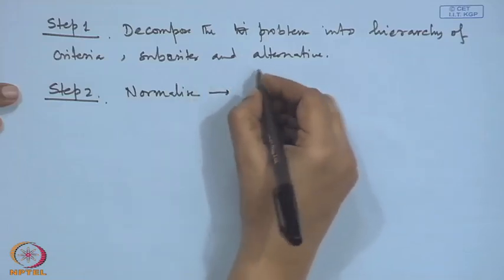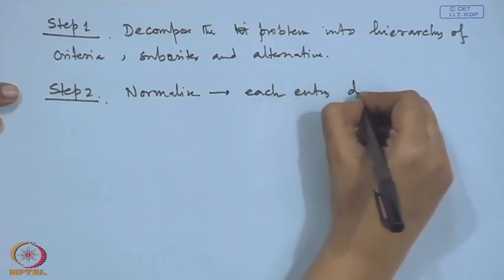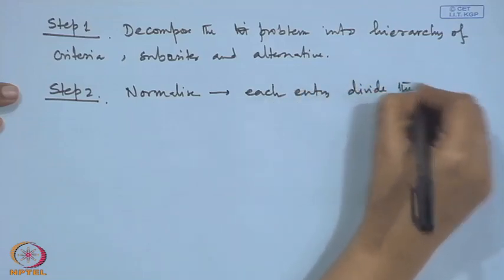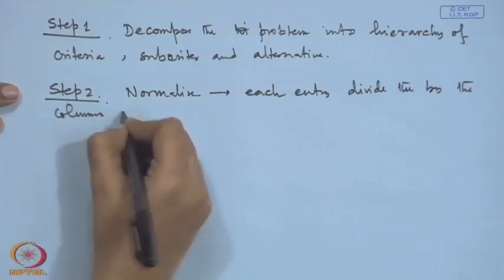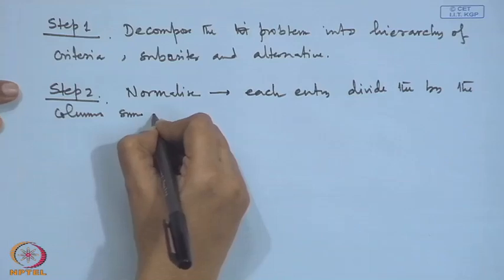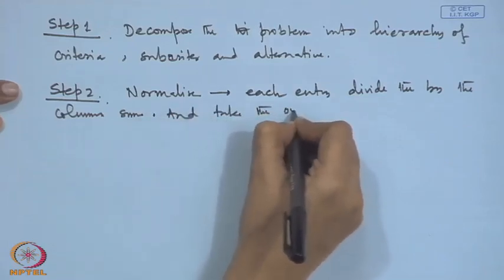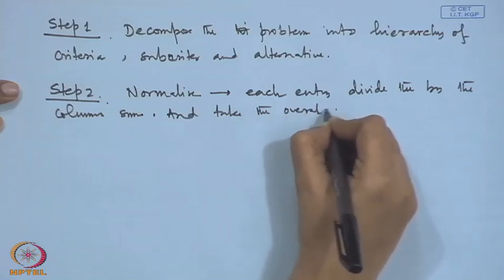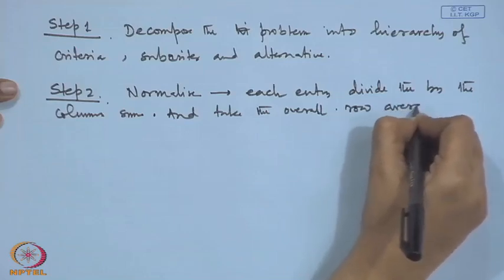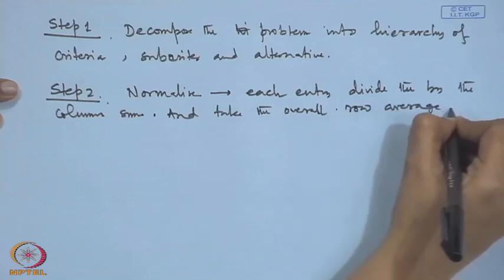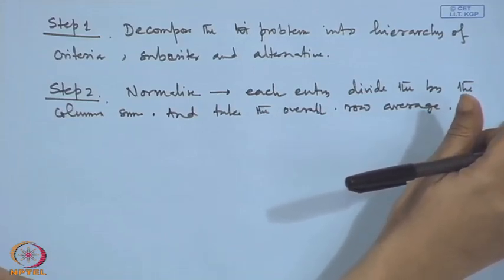What we do, we are considering each entry divided by the column sum and take the overall row average, which will determine the ranking of priorities. Rather, it is being said as the priority vectors.